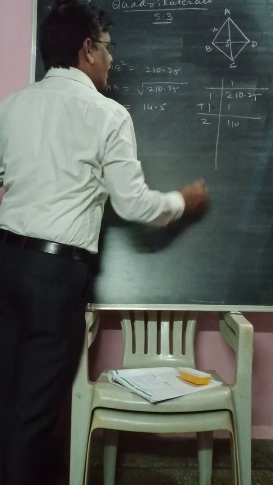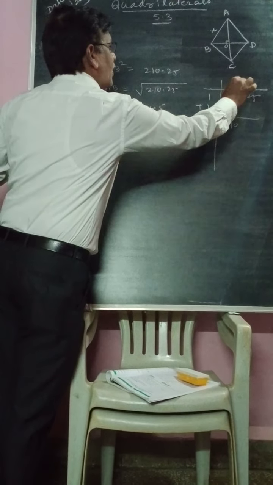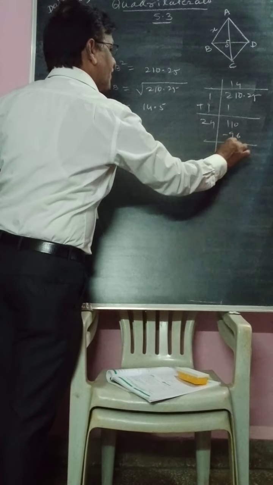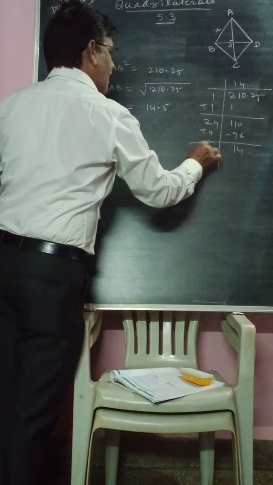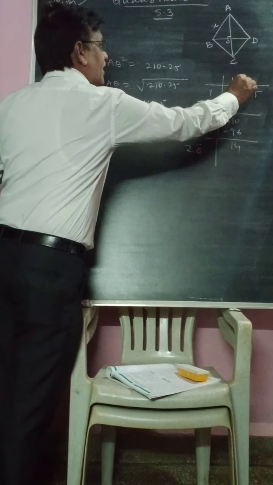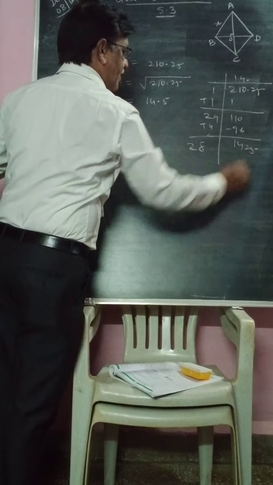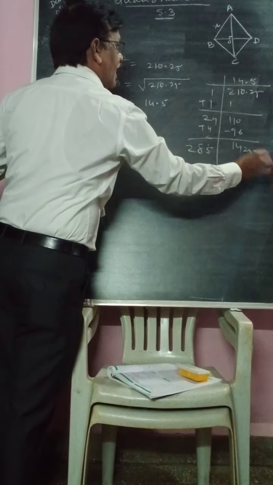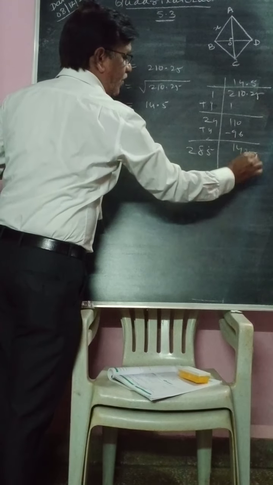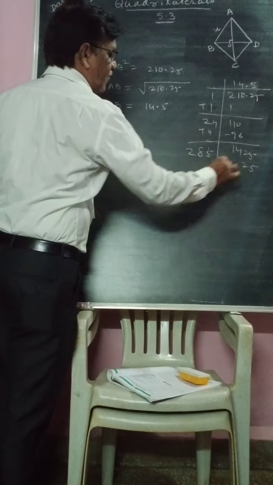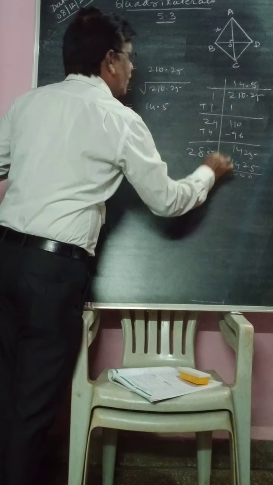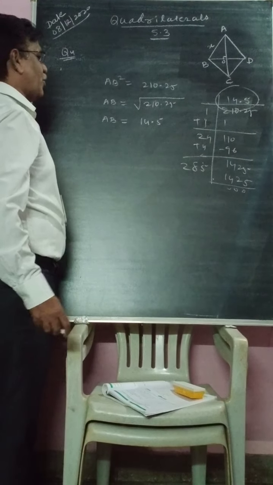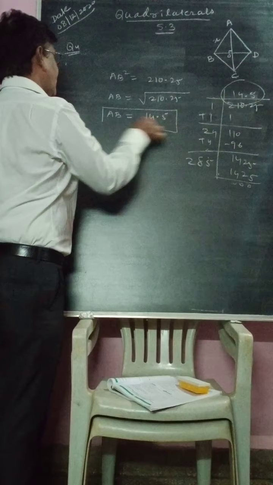Now take 10, now here it is 4, 96, you get 14, here plus 4 8 2, then point, you have to take 25 below, and then here it is 5, here also 5, 5 5s are 25, carry 2, 5 8s are 40, plus 2 is 42, carry 4, 5 2s are 10, plus 4 is 14, and 0 0 0. So in this way you can find out the square root of 210.25, it is 14.5. So the side is 14.5.